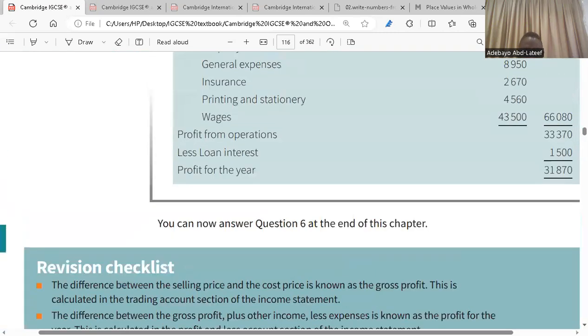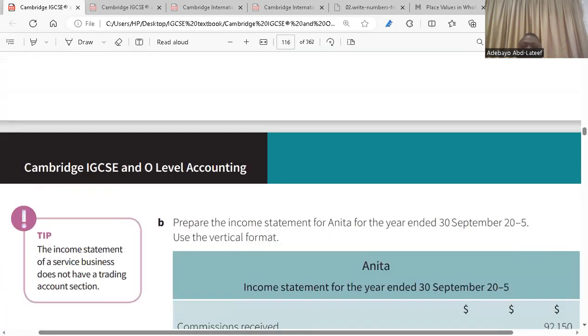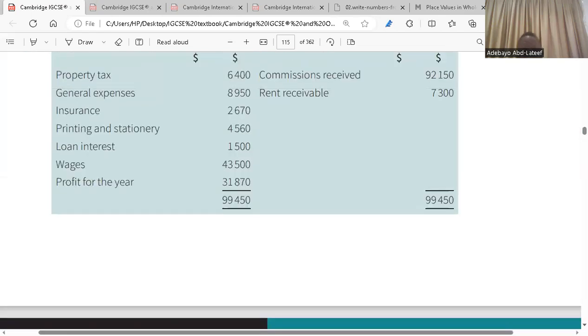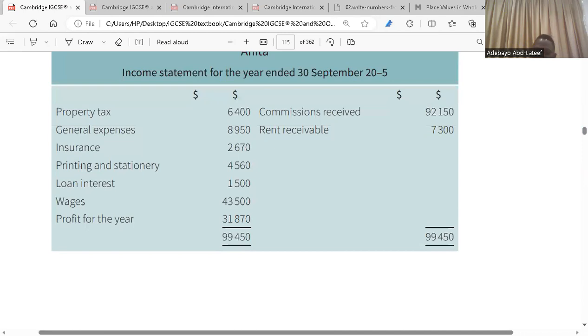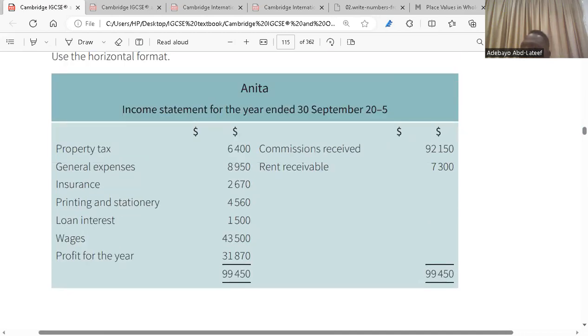Commission received. What's this? In your income statement for a service business, like I told you earlier, they don't buy, they render services. So if they render services, it's possible they have commissions. So for example, I'm an insurance company. Let's say you have an insurance company and I work in it. As an employee of your company, you tell me, make sure you sell motor insurance, at least $10,000 worth of motor insurance for our clients.